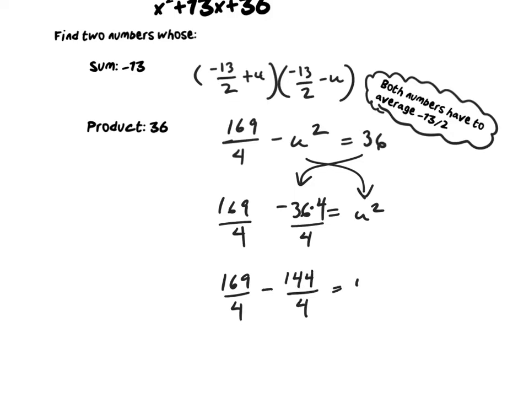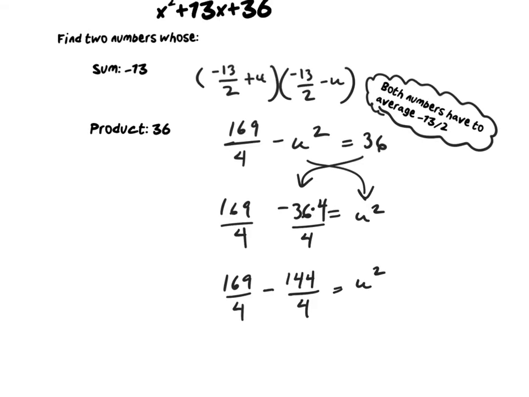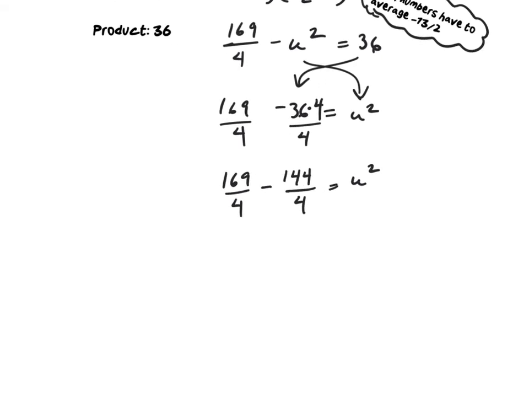So by subtracting 169 minus 144, I get 25 over 4 is equal to u squared.